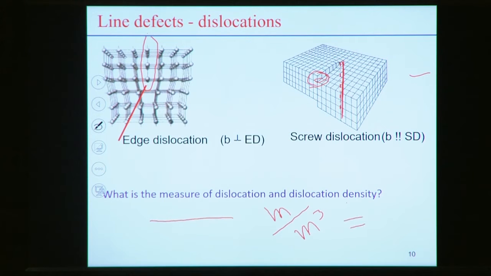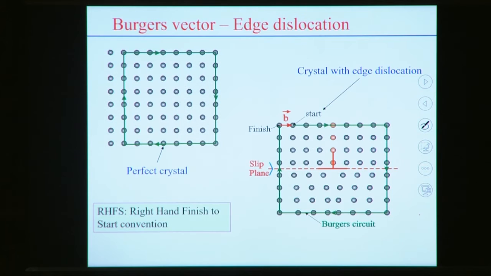So finally the unit of dislocation density is 1 per meter squared. These are the measurements of dislocation and dislocation density. We'll discuss that topic further.